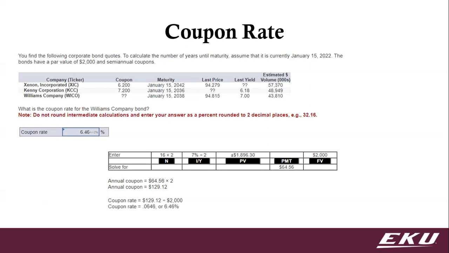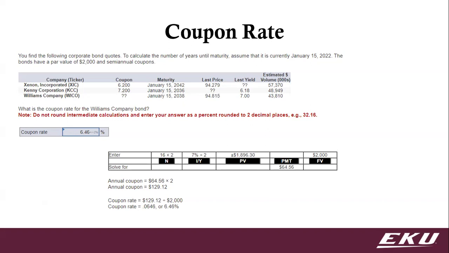And then it's 7% per year, which would be 3.5% every 6 months, right? So we can make that slight change, put in the price that it's currently selling for, and then put in the future value, right? And then based on that, we can just calculate what our payment is going to be.